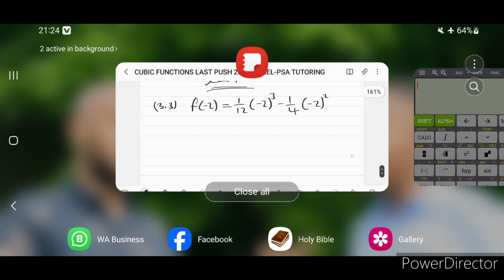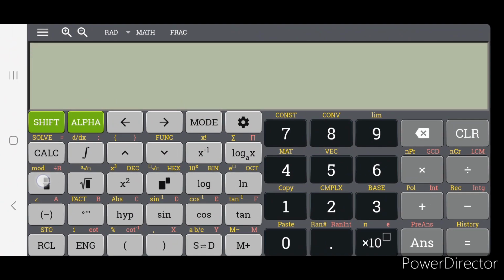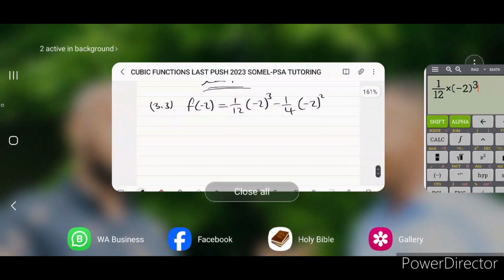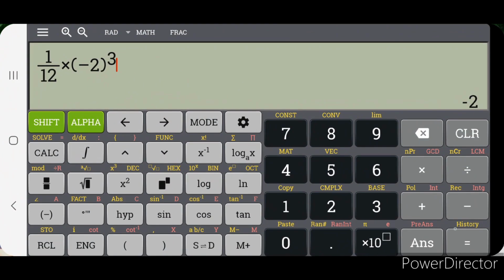It's going to be 1 over 12 times minus 2 cubed, all right, minus 1 over 4 minus 2 squared.